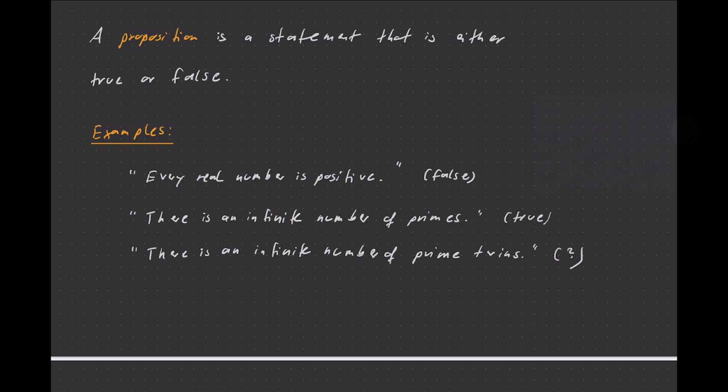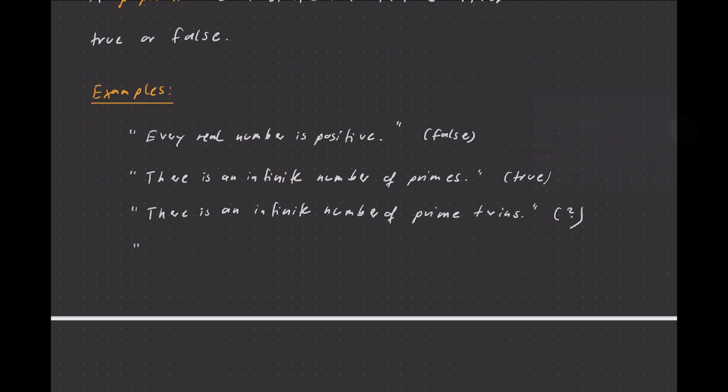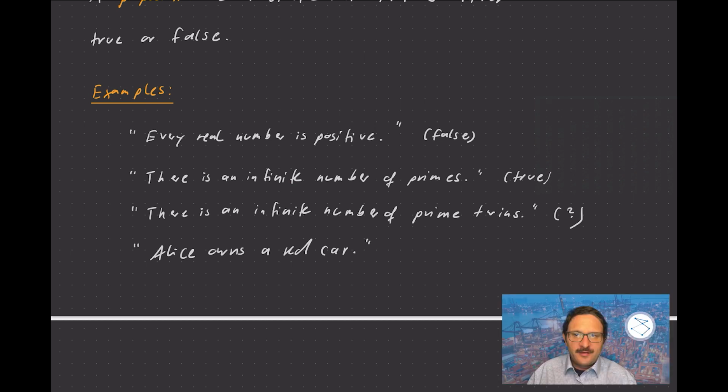And of course, these statements do not have to concern numbers. They do not have to be mathematical in any way. Something like, Alice owns a red car. That would also be a statement that can be true or false. Okay, so from these very simple building blocks, we start making up more elaborate statements.